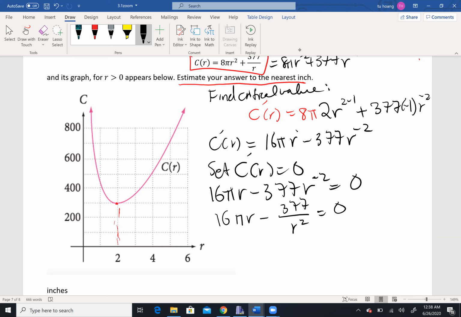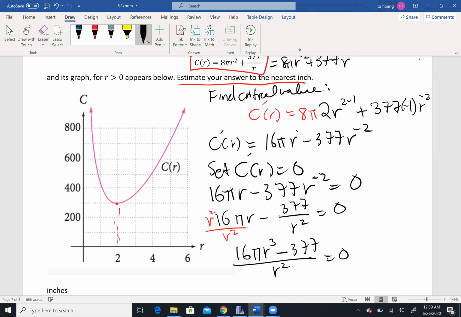And now you should make the same denominator. So you're gonna multiply the first term by r squared over r squared. And now you're gonna have 16 pi r cubed minus 377 divided by r squared equals 0.